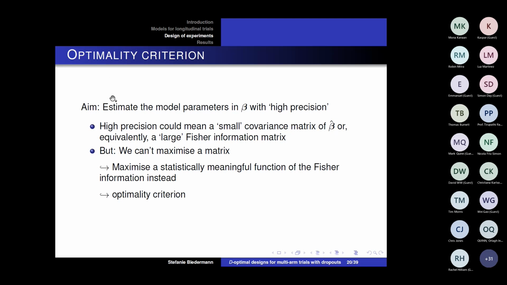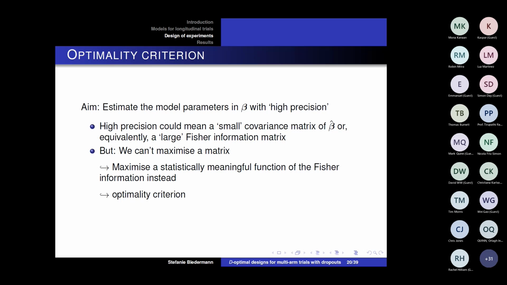If we assume we want to estimate the fixed effects parameters with high precision, knowing we can estimate them unbiasedly, then we would want to estimate with small variances, essentially. So we could say high precision means something like a small covariance matrix for beta hat, or a large Fisher information matrix, which is why I've gone on about the Fisher information before.